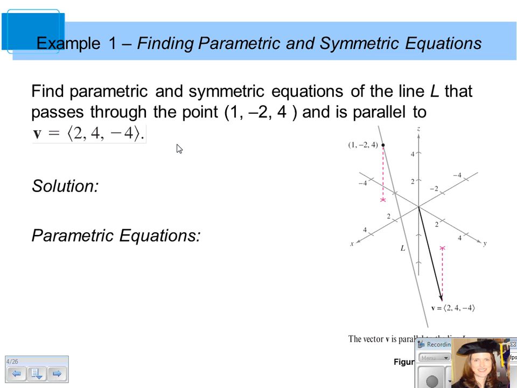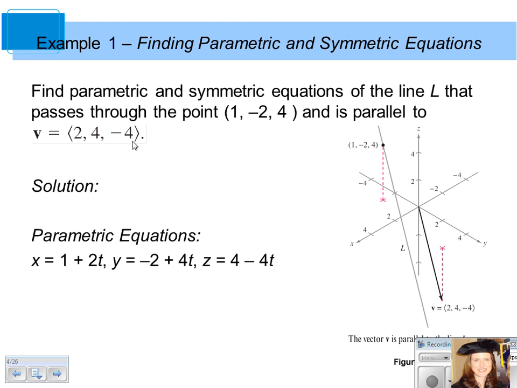So in finding the parametric equations, we have x equals 1 plus 2t. We get the 1 from the point, and we get the 2 from the vector. Your x equals 1 plus 2t, y equals negative 2 plus 4t, and z equals 4 minus 4t.